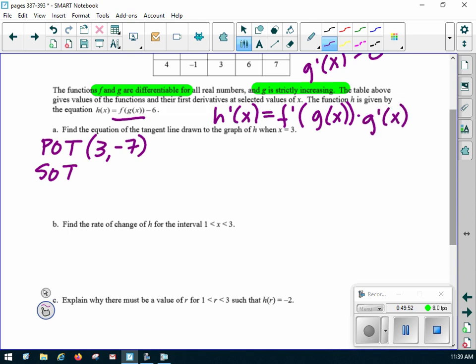Remember, you eat the outer shell, and then you eat the chocolate. What's the derivative of -6? 0. So what I need to find is h prime of 3, because I'm doing this at x equals 3. So it's f prime of g of 3 times g prime of 3.